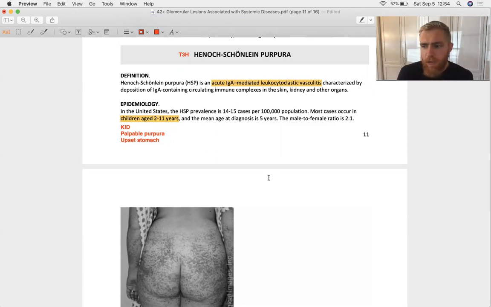And that one is going to be due to a defective IgA galactosylated light chain hinge region that's going to keep that IgA held together. And so when you don't have it properly modified, the IgA protein in the Berger's disease, it's less soluble, which is why it gets stuck in the glomerular basement membrane when it tries to get filtered through.